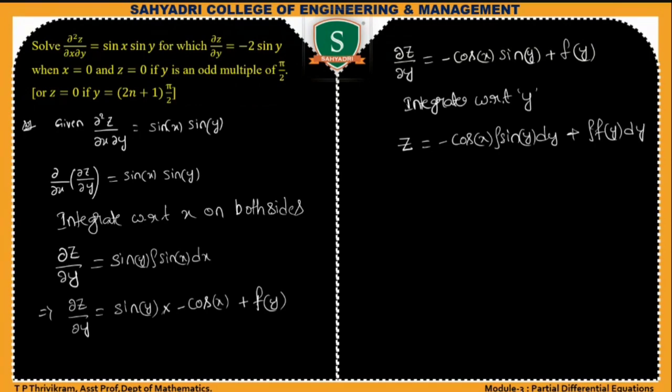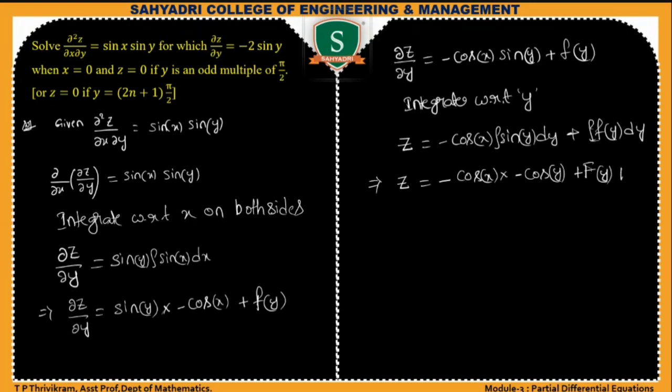So what happens? z is equal to minus cos x into the integration of sin y, which is minus cos y, plus this integration of f of y, small f of y, which I can write as capital F of y.